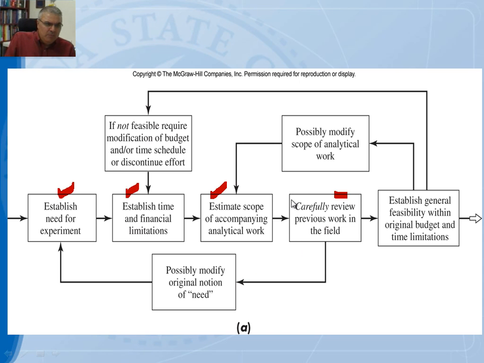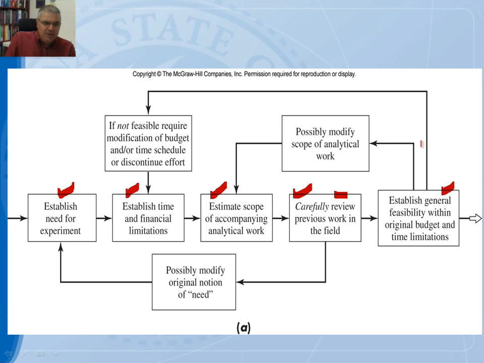So after we're done with the careful review of the previous work, we need to establish general feasibility within the original budget and time limitation. Again, there is feedback provided here, like a loop. For example, from this particular part we get two types of feedback.